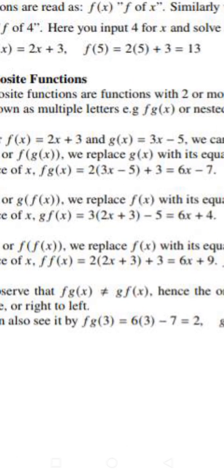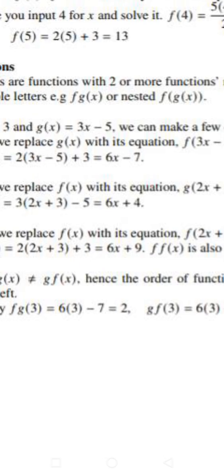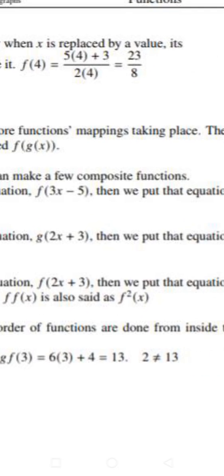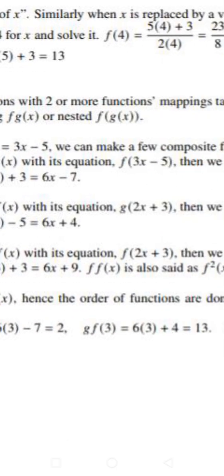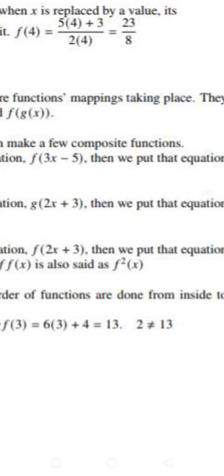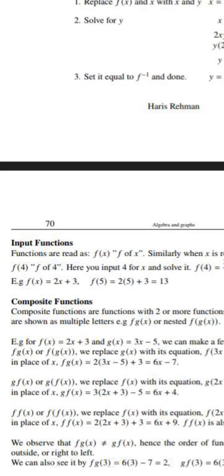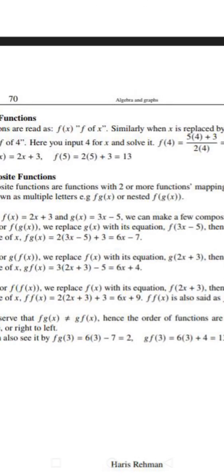This bottom line also explains that if, for example, we plug in 3 on fg and gf, we do not get the same value in the answer. So it is very important to know this fact.